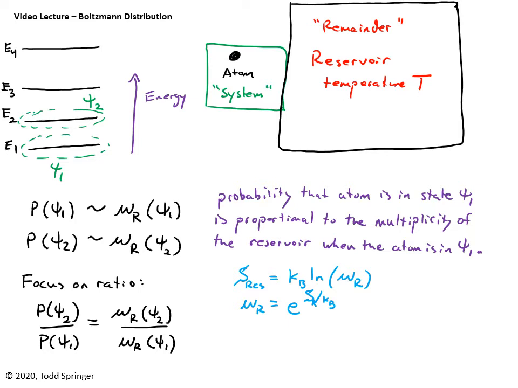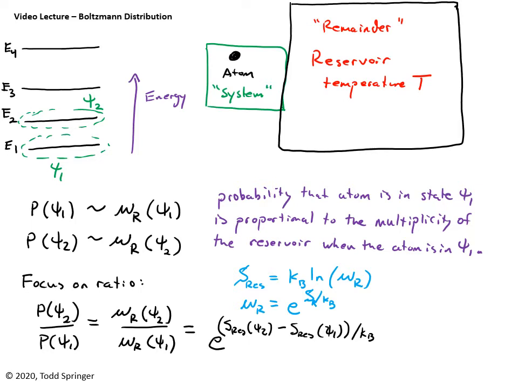And that means that the ratio of these multiplicities is e to the difference in entropies, S2 minus S1 divided by KB. Sorry, I decided to write that a little more clearly. So S2 means the entropy of the reservoir when the atom is in state psi2. And S1 was the entropy of the reservoir when the atom is in state psi1.